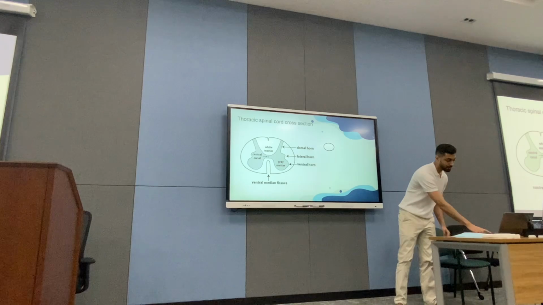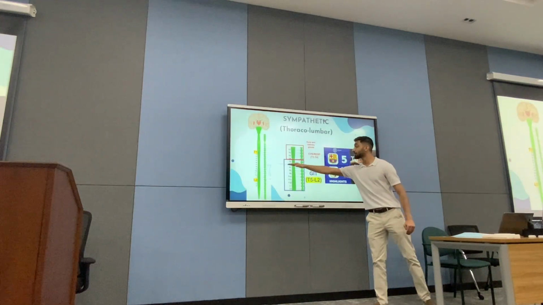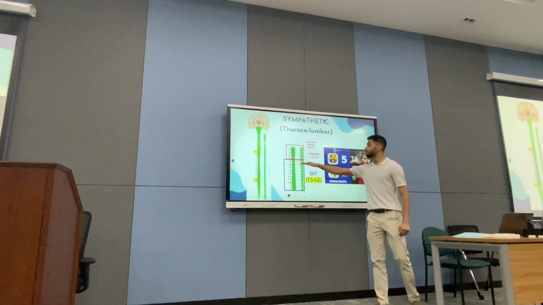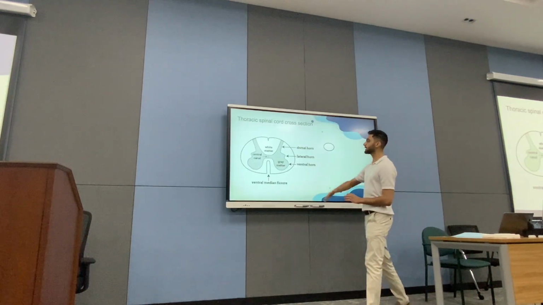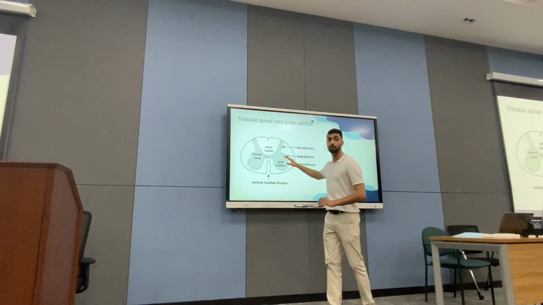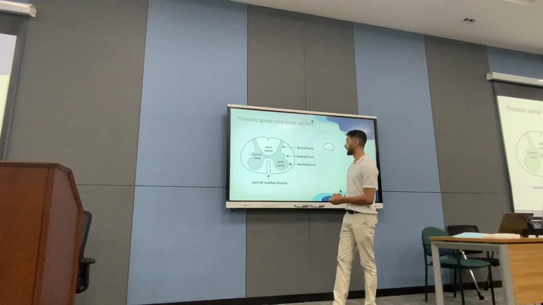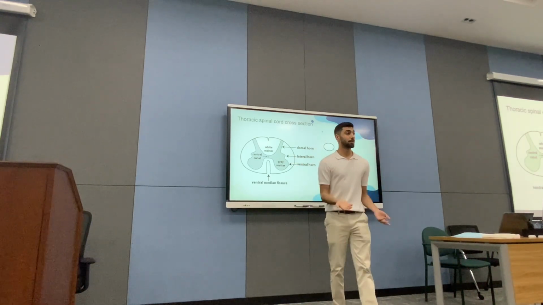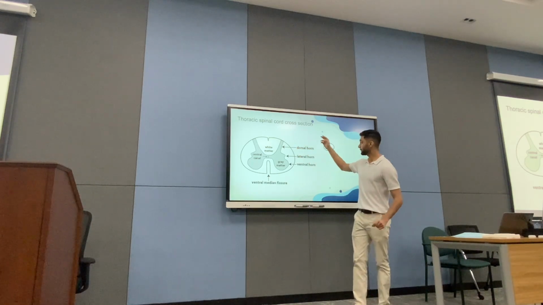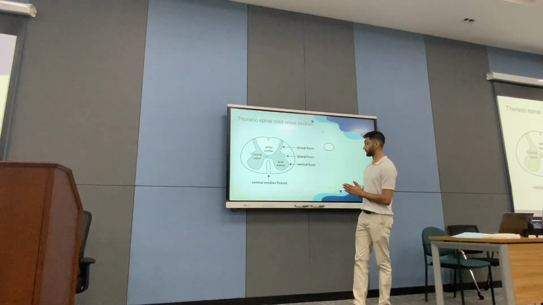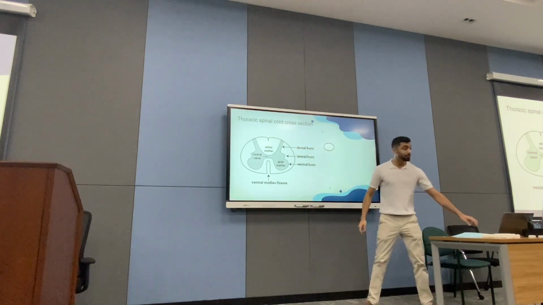Now, let's suppose that we took a cross section of the spinal cord in that region. What will we see? We will see outside white matter, inside gray matter. The gray matter consists of three parts: the dorsal horn, lateral horn, and ventral horn. Now, what will we find in the lateral horn?